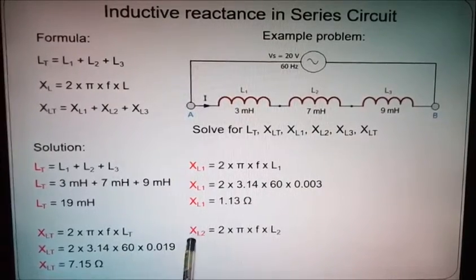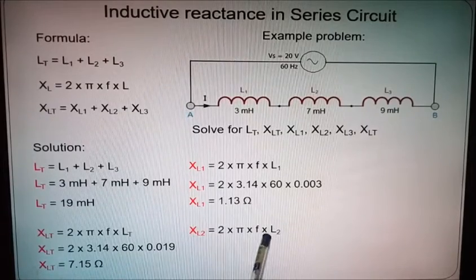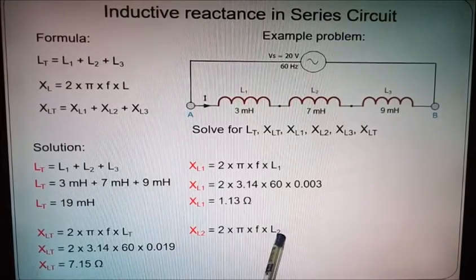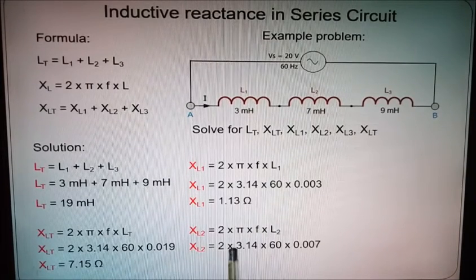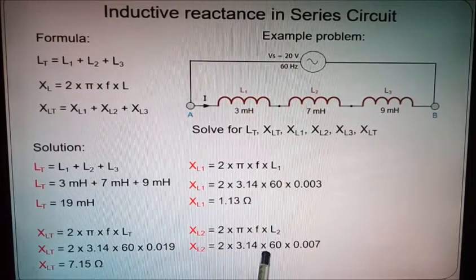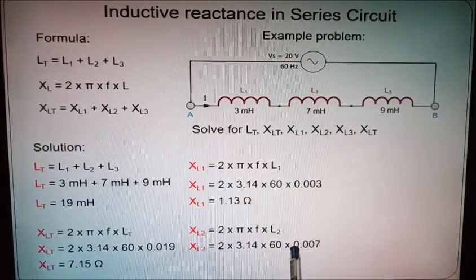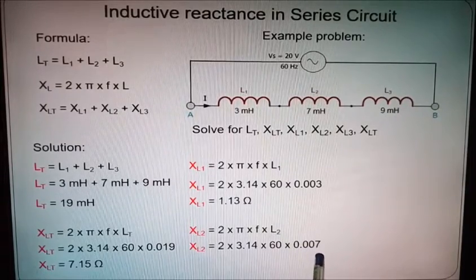Next we have L2. XL2 is equal to 2 times pi times F times L2. Substitute the value of pi, F, and L2. So XL2 is equal to 2 times 3.14 times 60 times 0.007 Henry.